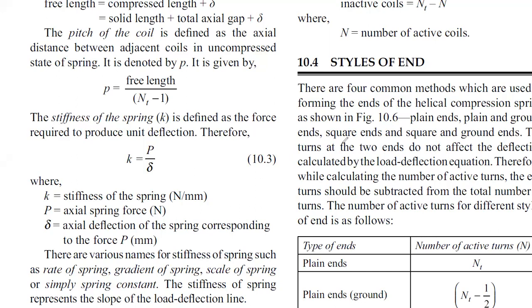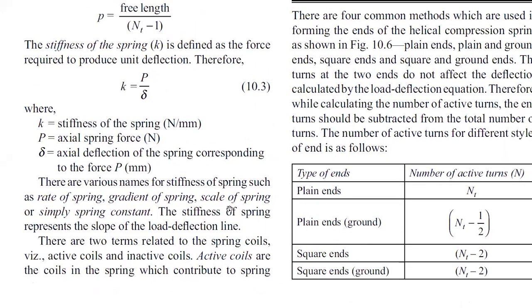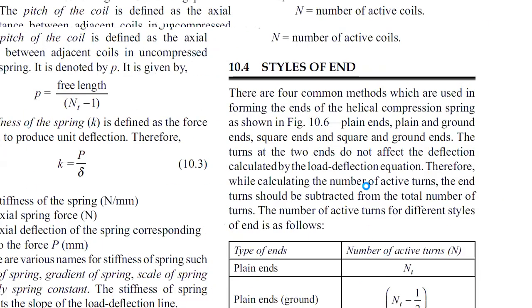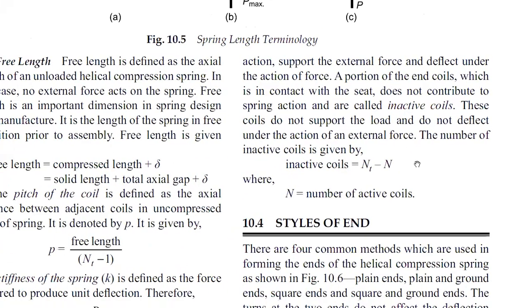So the stiffness of the spring represents the slope of the load deflection line, and there are two terms which are related to the spring coil. One is an active coil and the other one is an inactive coil. Active coils contribute to spring action, support the external force, and deflect under the force.